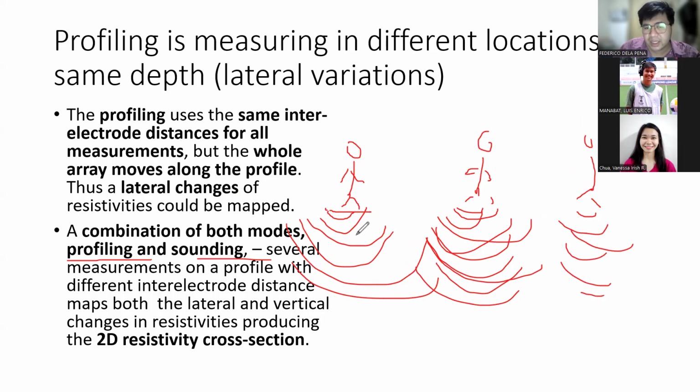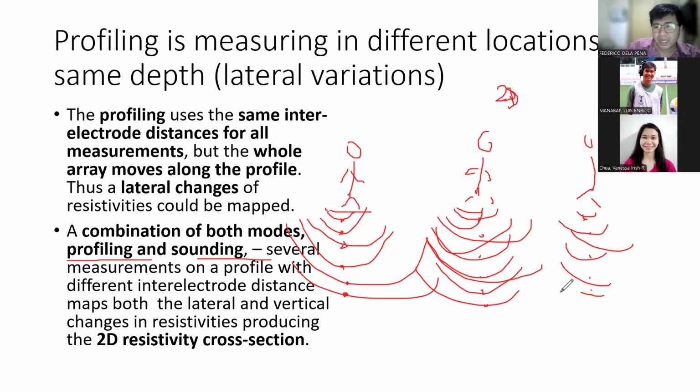And the result is that you're going to get so many apparent resistivity readings at different depths. Okay, and from there you can create a 2D profile of apparent resistivities.